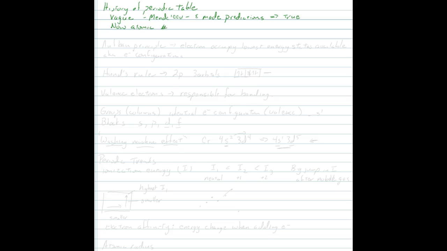As far as electrons go, which is the main concern that we're doing, the Aufbau principle. The Aufbau principle says that electrons are added one at a time to hydrogen-like orbitals with the lowest energy going first.